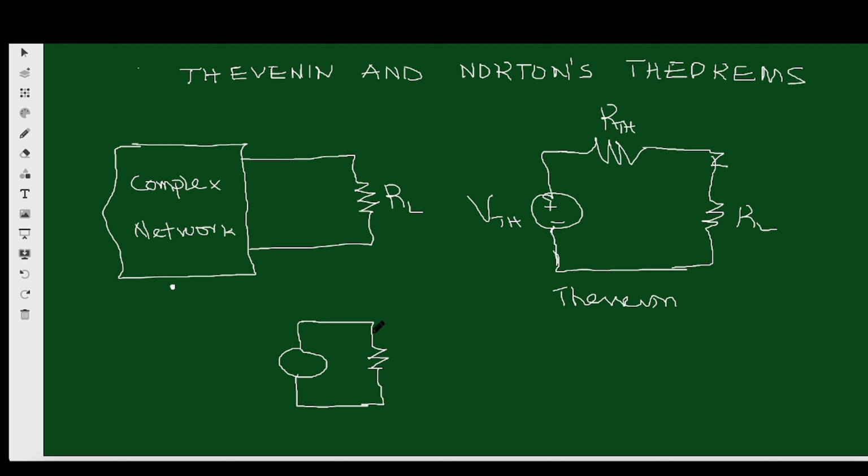So we've replaced the complex network with a current source in parallel with a resistor. So this is the Norton. I'll call it IN, and this is the equivalent resistance. Then this is the load resistor, which is RL. Right, so this is the Norton equivalent circuit.